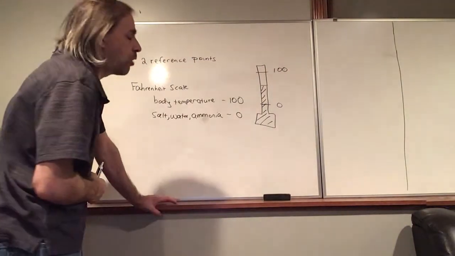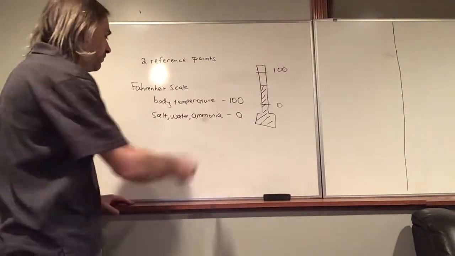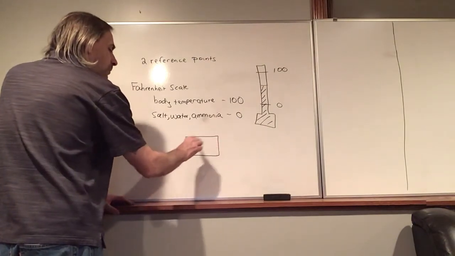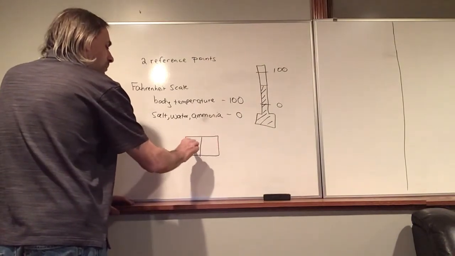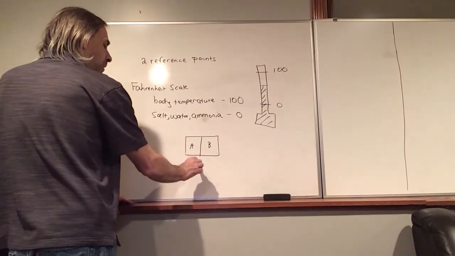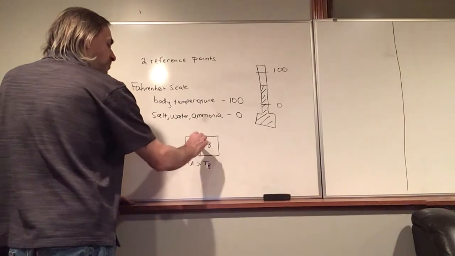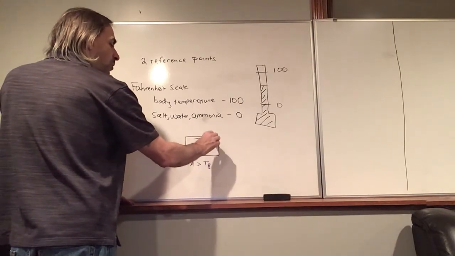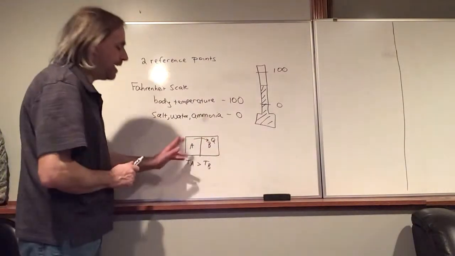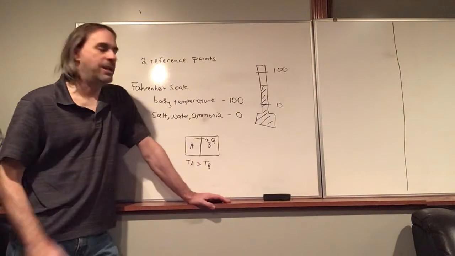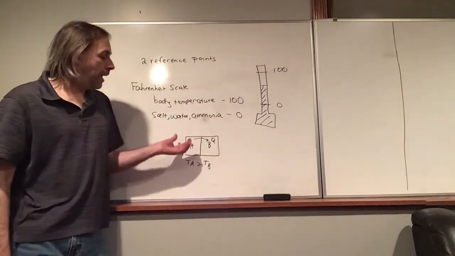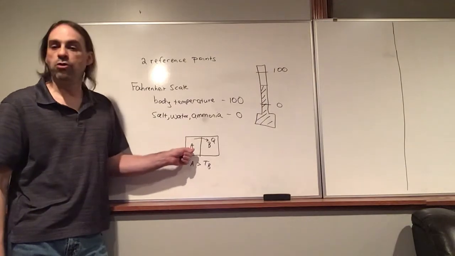And the way a thermometer works, say we have, again, two objects, A and B. And let's say the temperature of A is greater than the temperature of B. So we know heat is going to flow from A to B. Object A is losing energy because heat is just a form of energy, and when it loses energy, A is going to cool down.